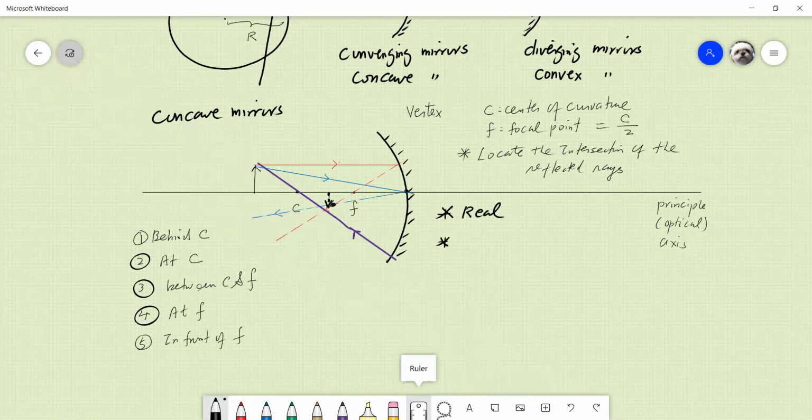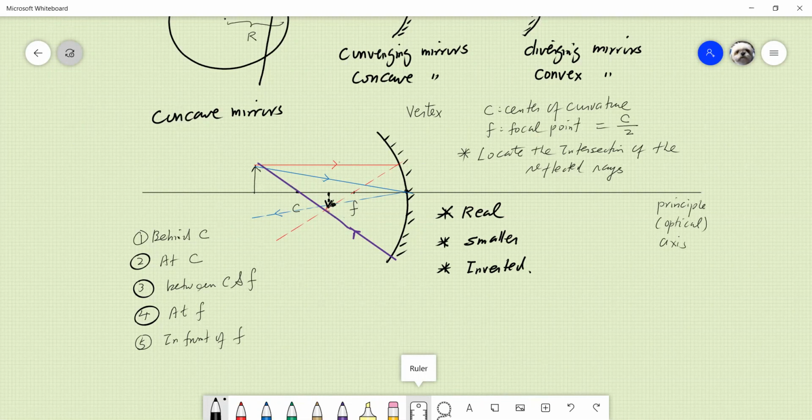Is this image larger or smaller? Is this image upright or inverted? Inverted. So you have to characterize the properties of the image.